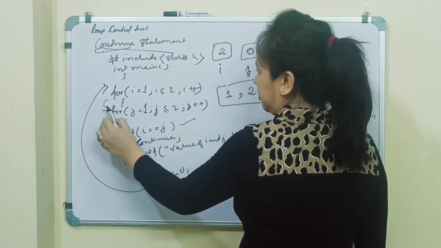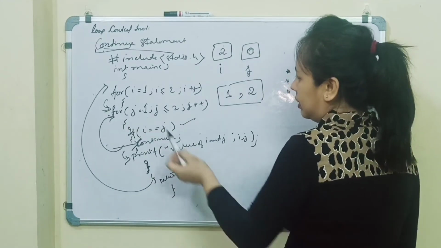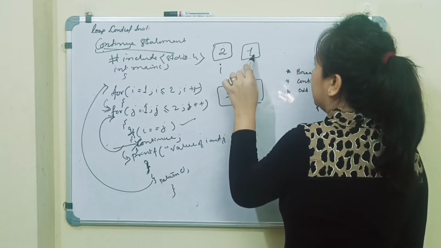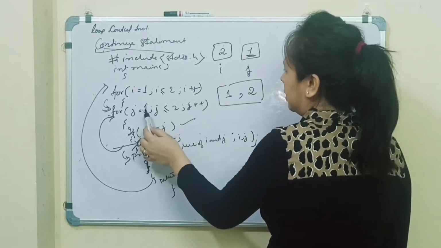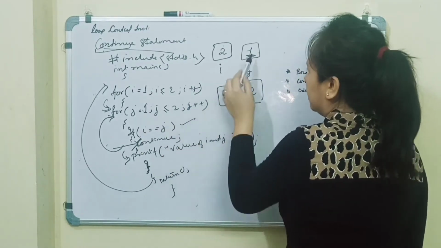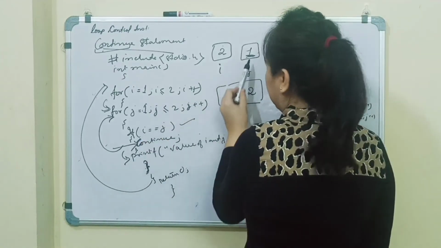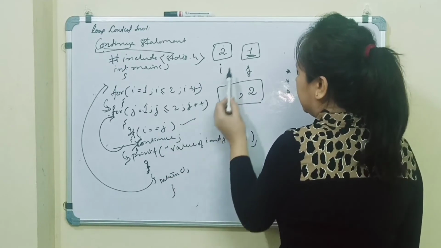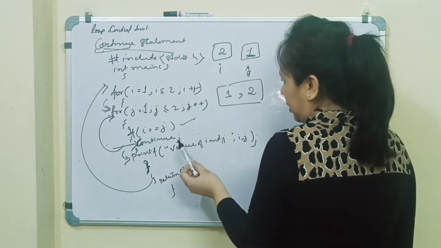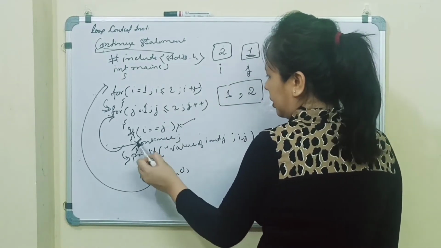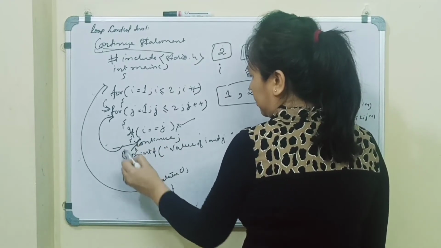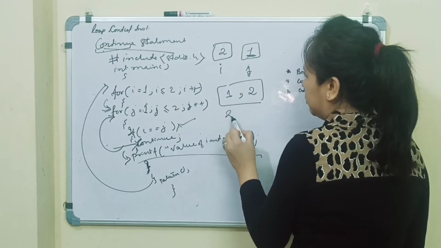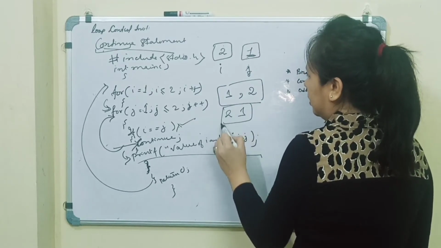Yes, it is equal to 2, so control will pass to the second for loop. Now for j, it will get initialized to the beginning value, since the j value was 1, so it will be initialized to 1. For j equal to 1, yes, 1 is less than or equal to 2. Is i equal to j? No, so the continue line will again not be executed, and the control will pass to the print line, and the values of i and j will be printed.